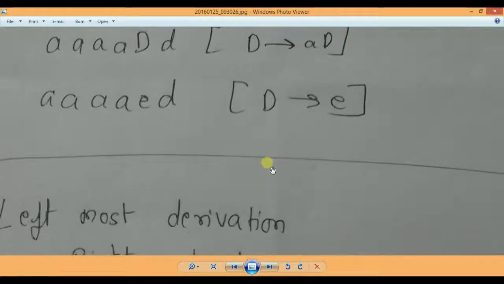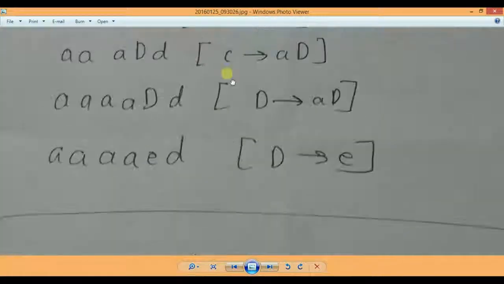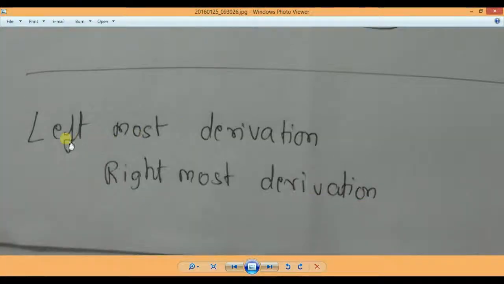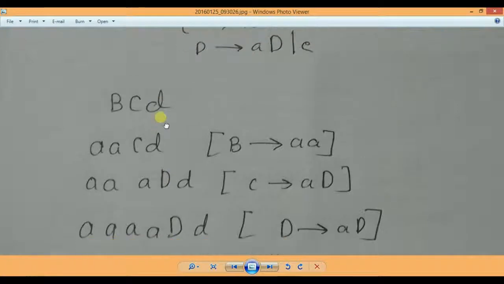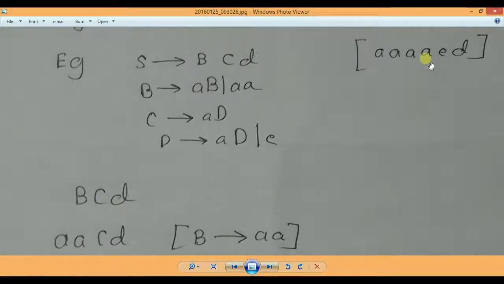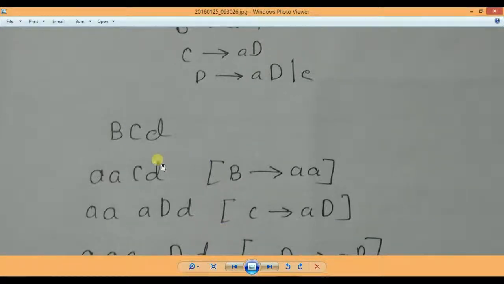Well, there are two ways to solve this type of problem: leftmost derivation and rightmost derivation. Leftmost derivation means deriving the final sentence from the starting symbol by solving each of the variables from left hand side to right hand side. Rightmost derivation means the reverse.